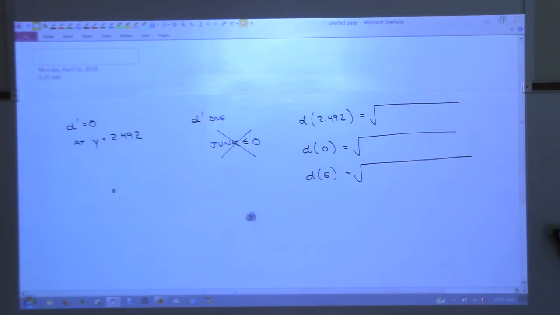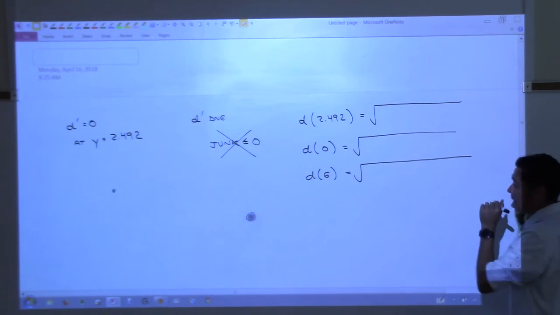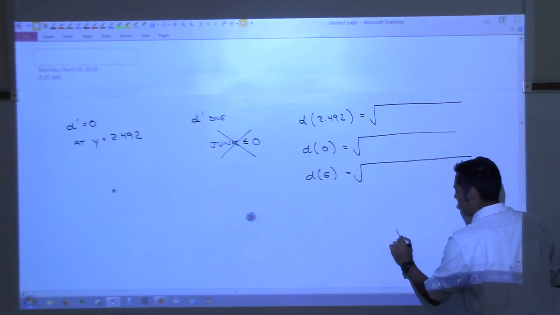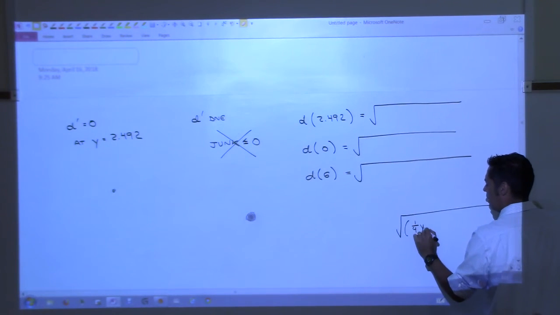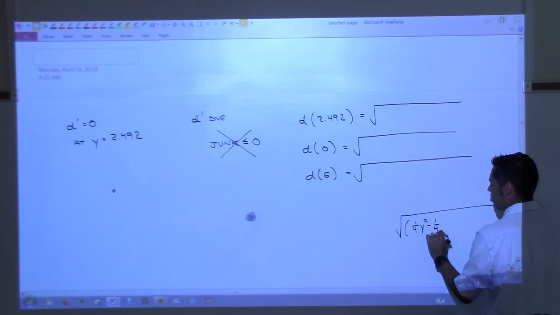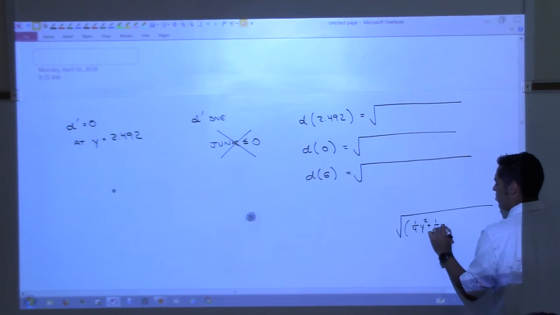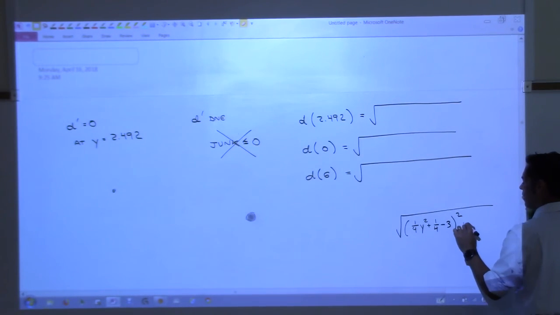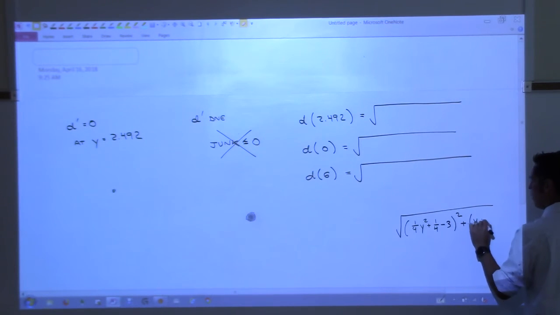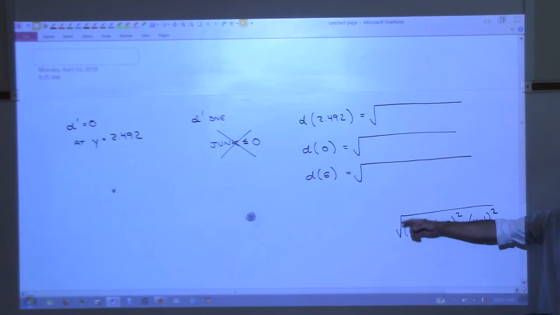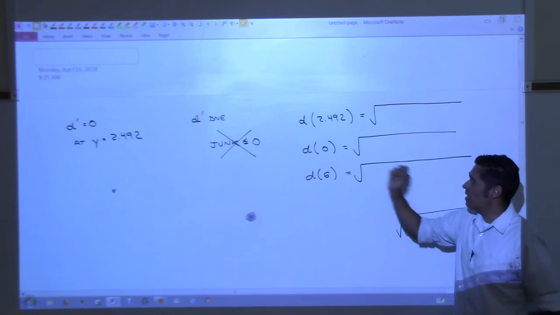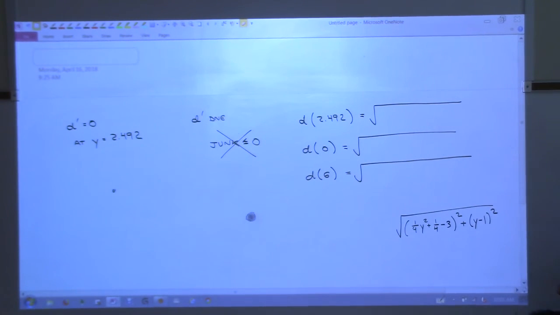I have since erased it, but I think it was the root of 1/4 y squared minus a fourth, plus a fourth minus 3 squared, and then y minus 1, right? So that was our original distance function. So we've got to plug 2.492 into it, plug in 0, and plug in 6.